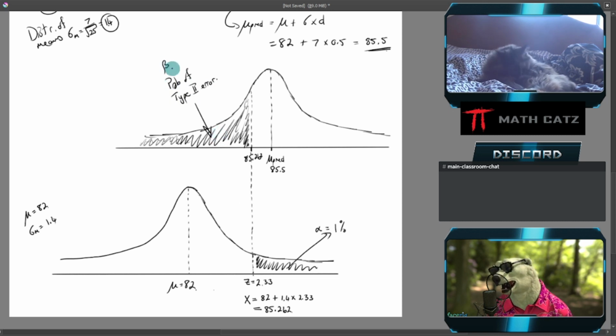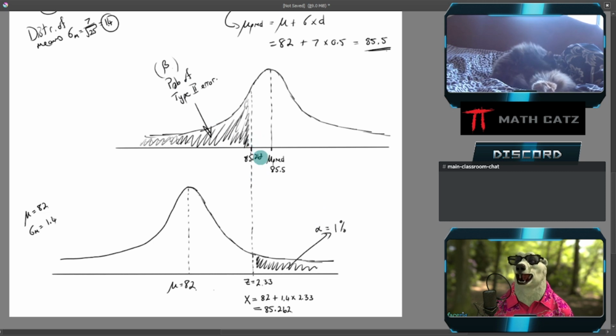Or we call it beta. Probability of type 2 error, beta. So now let's find out what this probability is. Well, before I can go to my tables, I need to standardize this 85.262 on this distribution.